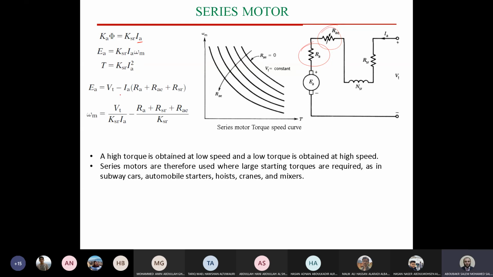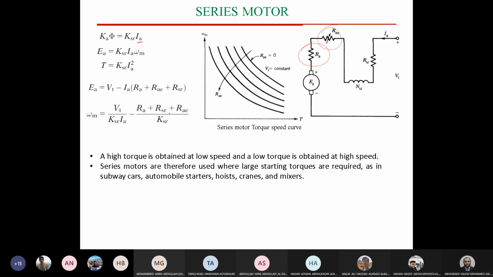The electrical equation for this motor is Ea equals Vt minus Ia multiplied by the summation of all the series resistances. And you can represent omega M as Vt over K series, minus Ia multiplied by Ra plus R series plus R rheostat over K series.